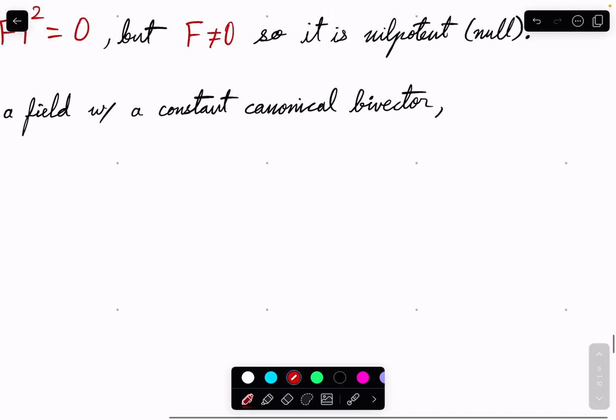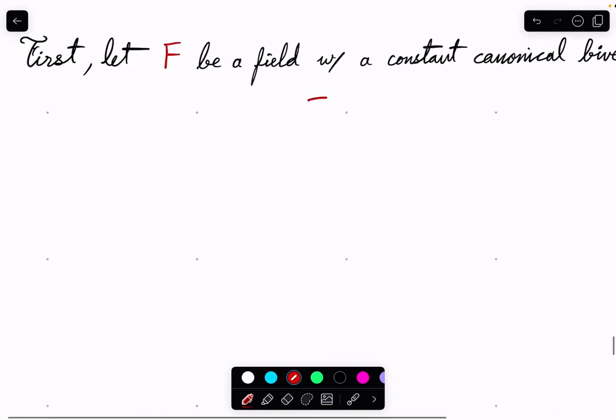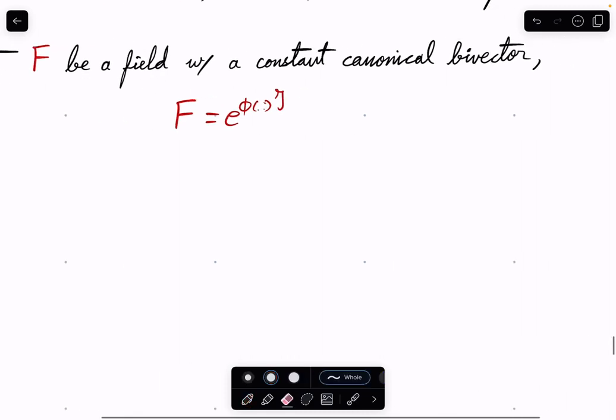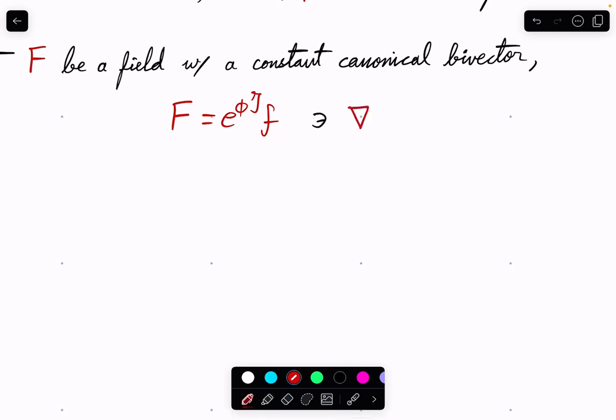And what this means, if it's constant, is that you're having F defined as e to the phi I times f, where phi could be a function of x, but for now let's just have phi. And we're saying that f is constant, such that the gradient of f is equal to 0.